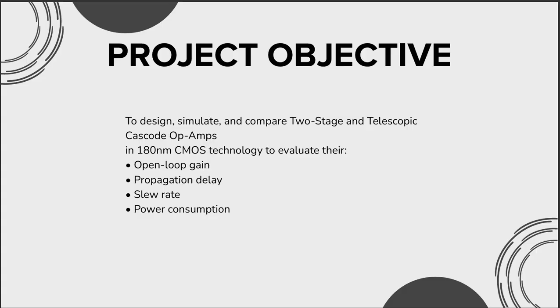The main objective of this project was to design, simulate, and compare two different operational amplifier topologies in Cadence Virtuoso in 180 nanometer CMOS, especially to evaluate their performance as comparators. The comparison is based on the following parameters: open loop gain, propagation delay, slew rate, and power consumption.